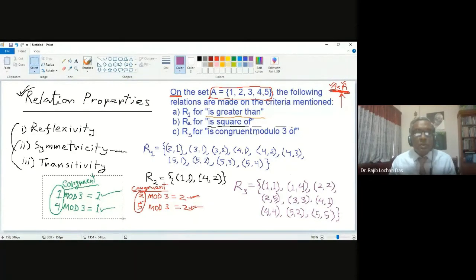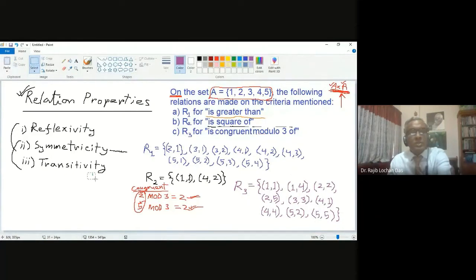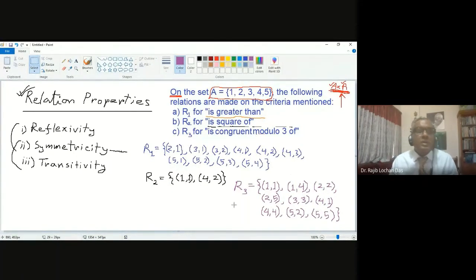Your duty is to check the reflexive, transitive and symmetric properties for R1, R2, and R3. For R1, maybe it is reflexive or not, symmetric or not, transitive or not.